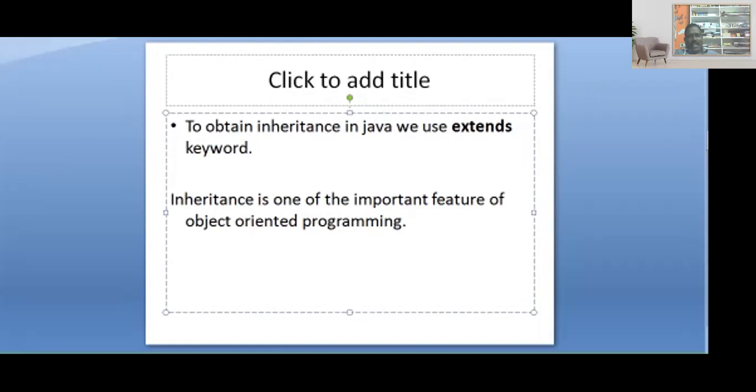We are just adding the properties to the derived class, adding a few more features to the existing class. Here we are not modifying anything, just adding new features to the existing class, which is nothing but inheritance.